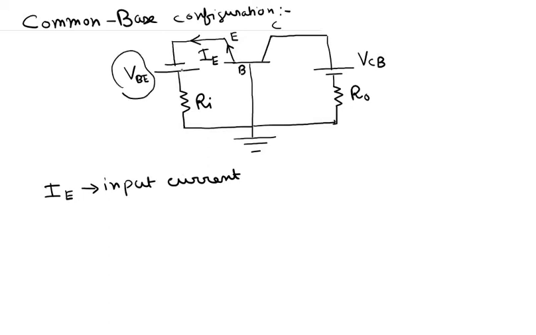Here we are showing this voltage source with the help of a DC source, but it may be an AC source as well, or it may be a superposition of a DC source and an AC source. But VBE is the voltage at the input terminal. Okay, and the emitter current is the input current, and this collector current, which is flowing in this direction, is the output current here.